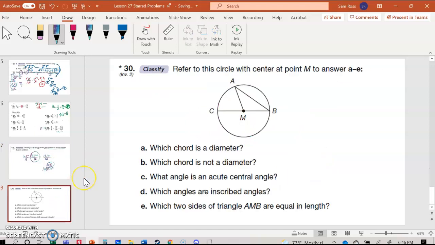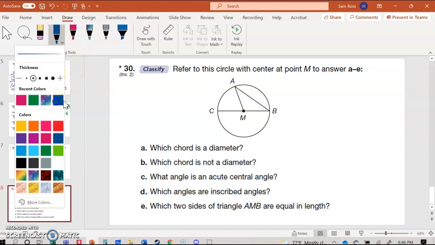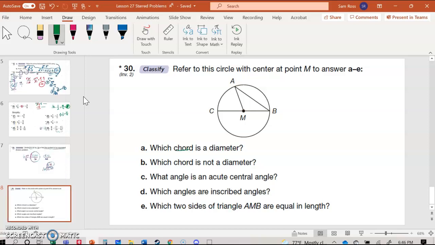It's easier. And the last starred problem on lesson 27 talks about this circle. So let me go ahead and grab a color. This says, what chord is a diameter? A chord starts and stops on the circle.